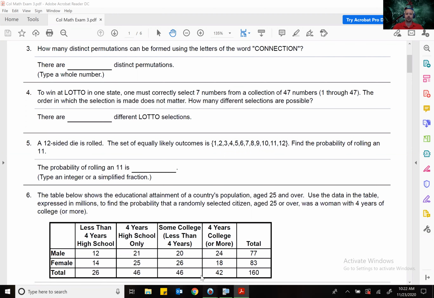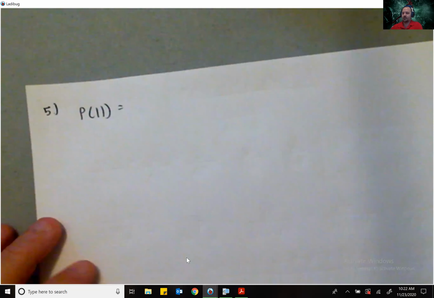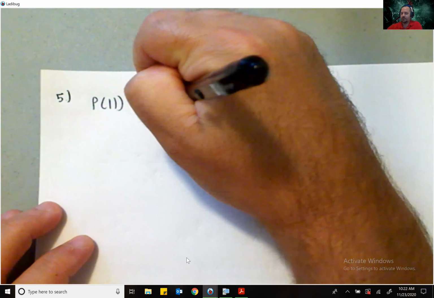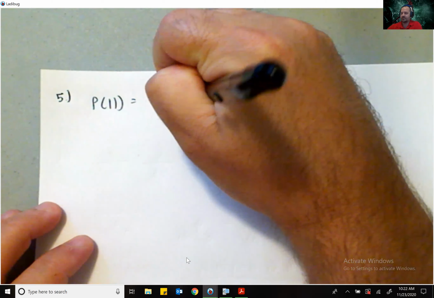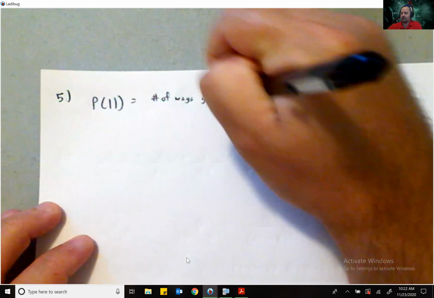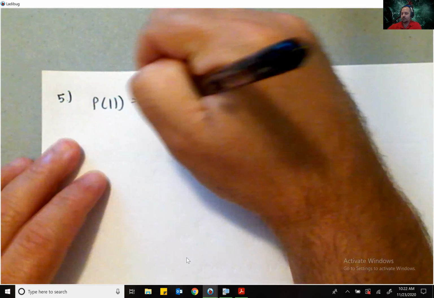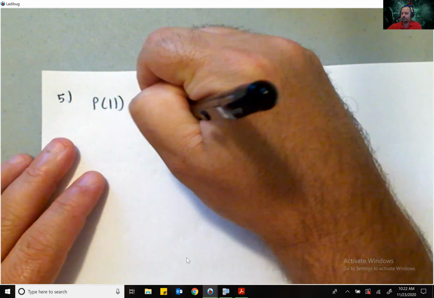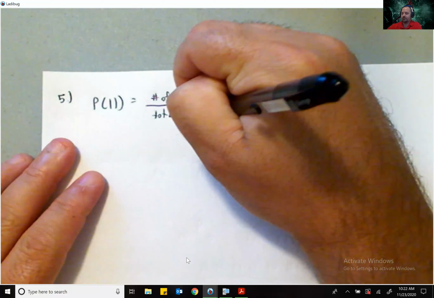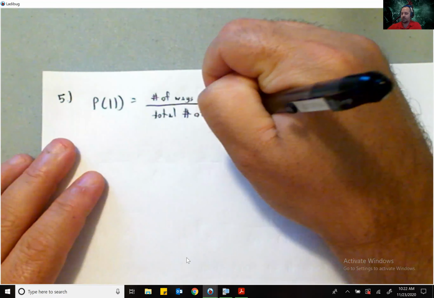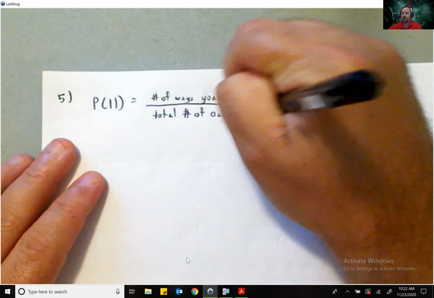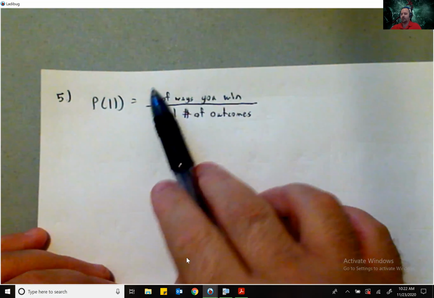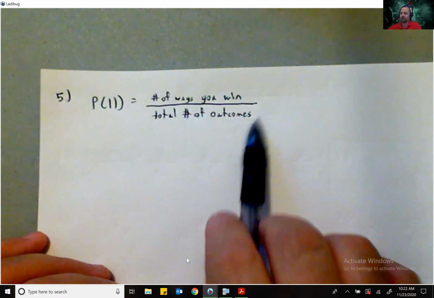So remember, probability for us is all about the number of ways you win over the total number of outcomes. So what we want to happen, the ways that we can win, all over the total number of outcomes.